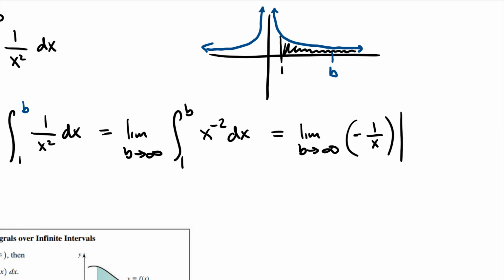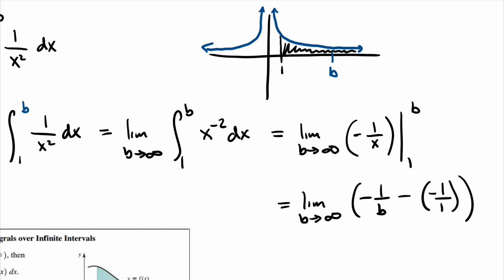Now we evaluate from 1 to b. So we have the limit as b tends towards infinity of negative 1 over b minus negative 1 over 1. As we all know, if the denominator grows without bound and there's a constant up top, it just goes to 0. So we're left with negative 1 times negative 1, which is equal to 1.